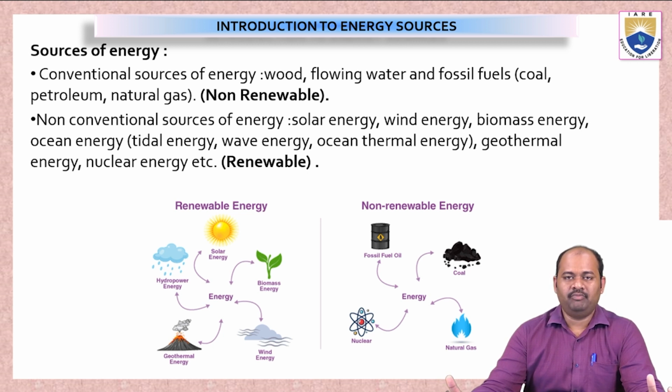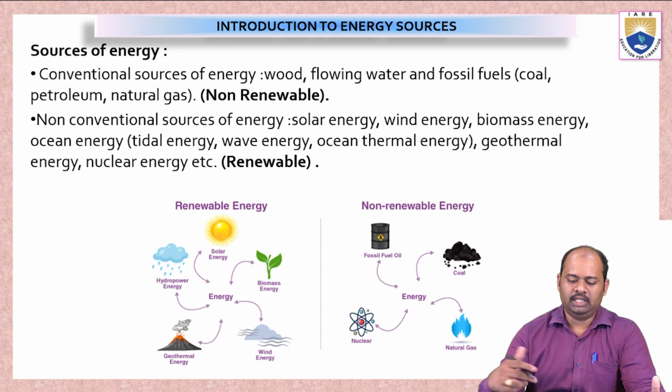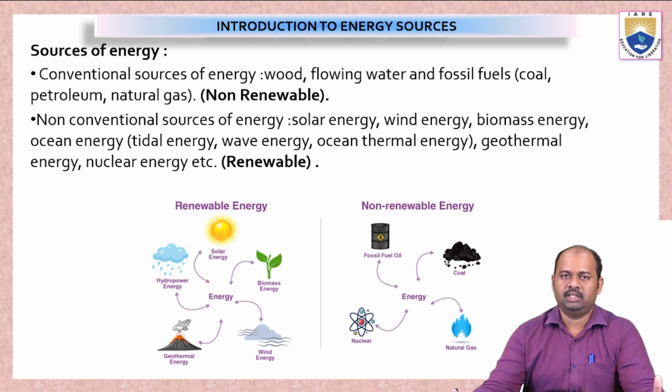They might be conventional or non-conventional energy sources. The conventional energy sources are like wood, flowing water, and fossil fuels such as petroleum, natural gas, coal, etc. These all come under conventional sources of energy. When we burn these, when combustion is done on these, we get some kind of heat or energy.